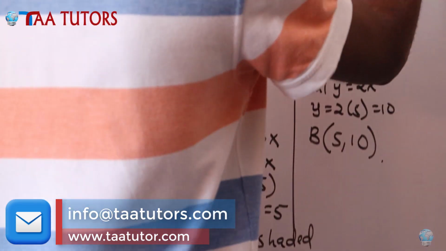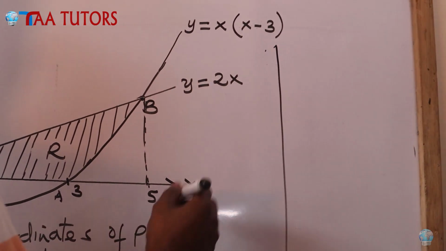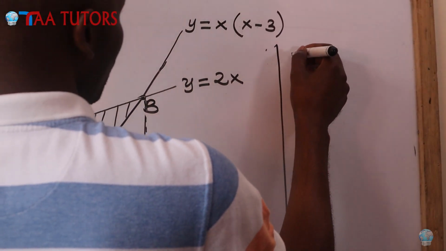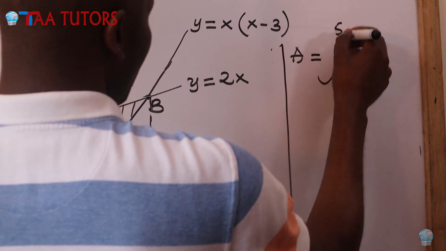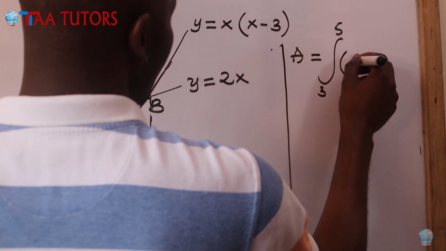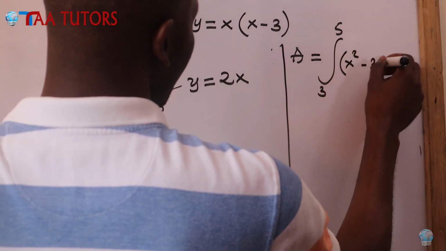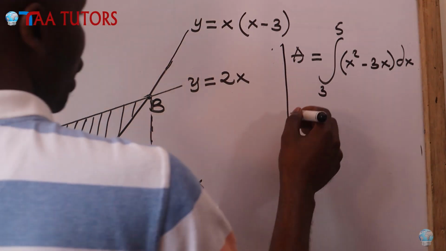So viewers, we have to get more space. The area under the curve will now be the integral from 3 to 5 of x squared minus 3x dx.